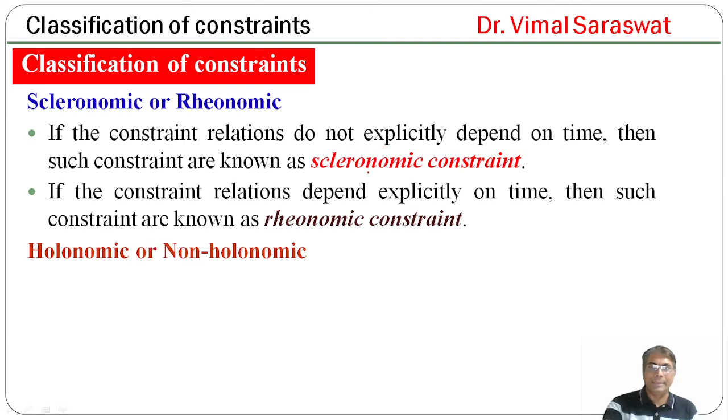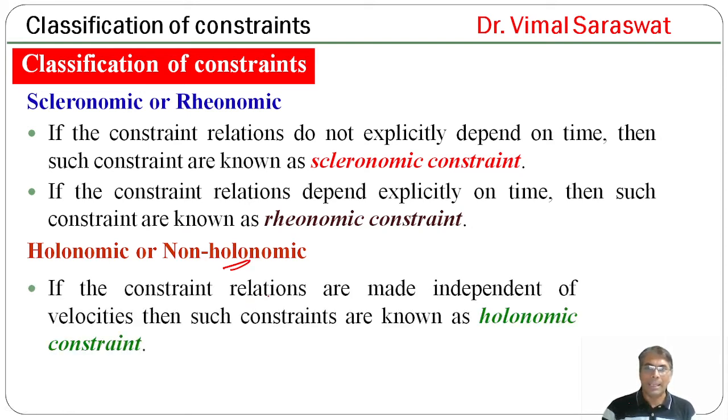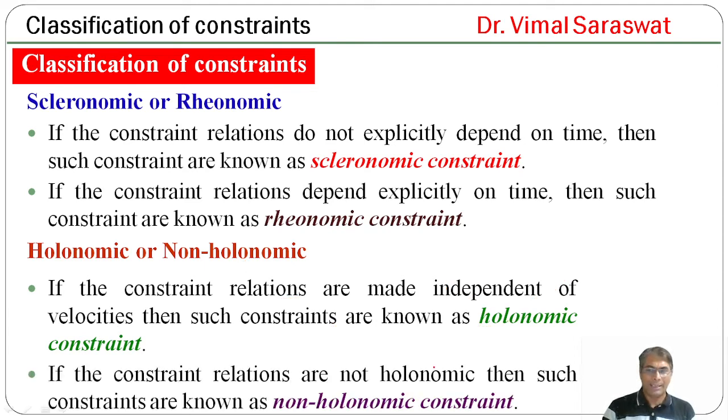Now, next classification is holonomic or non-holonomic constraint. If the constraint relations are independent of velocities, then such constraints are known as holonomic. And if the constraint relations are not holonomic, it means they depend on velocities, then such constraints are non-holonomic.